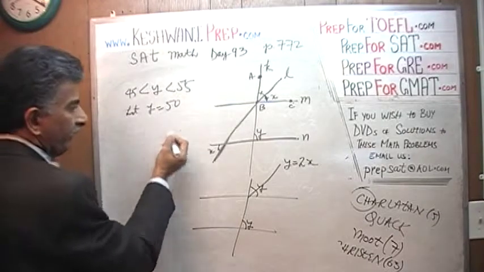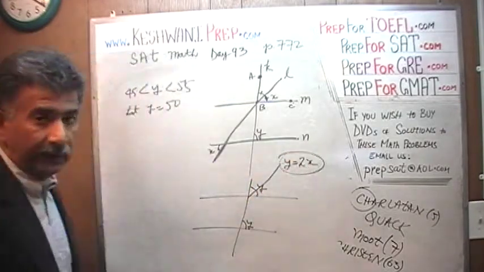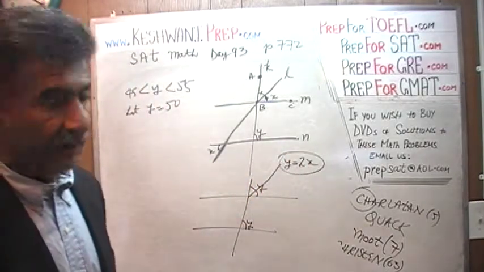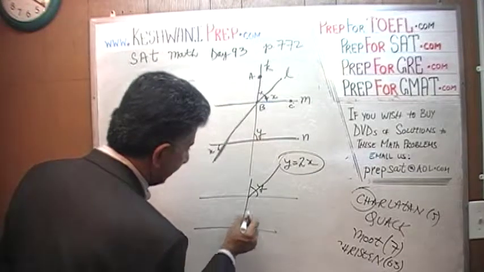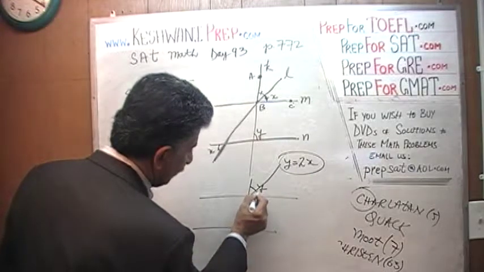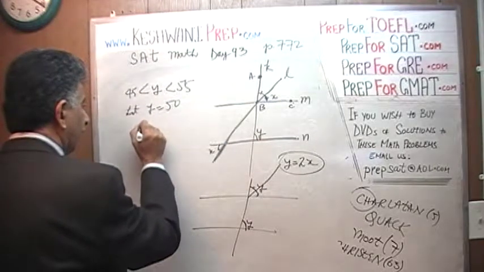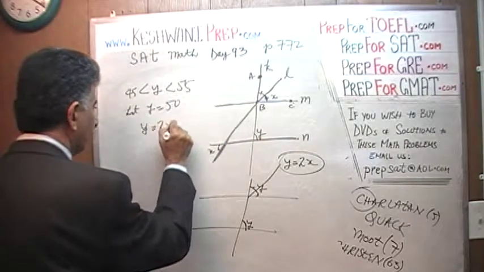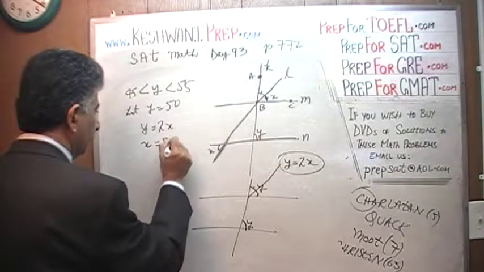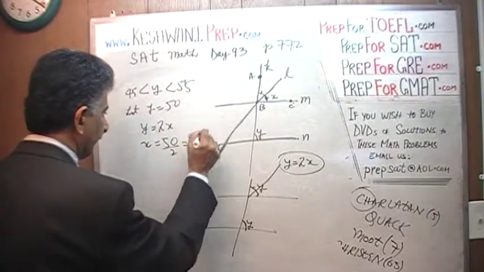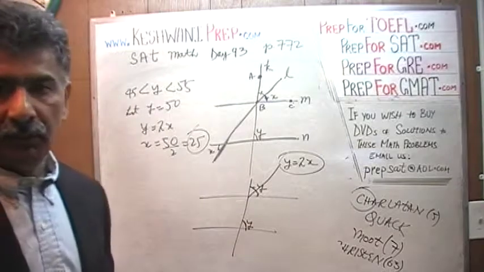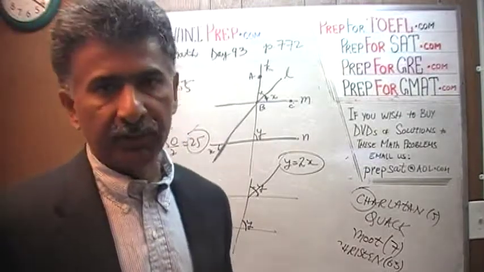If y equals 50, and we just found out that angle y is 2 times angle x, because angle y is same as this angle y, which is being cut into 2 halves, x and x. So therefore x must be 50 over 2 or 25. That's it, you're done. They're looking for one possible value of x, and we just found it.